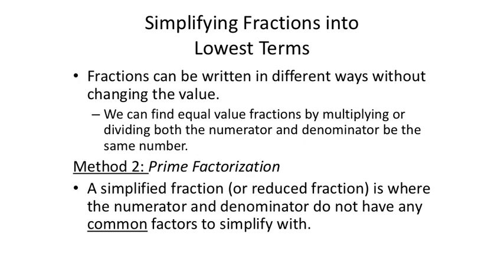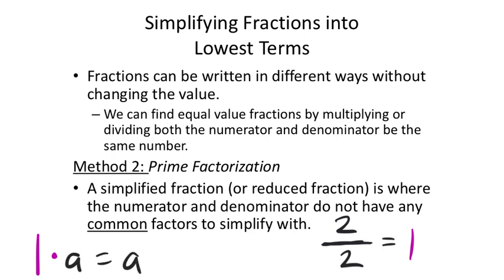For example, the fraction line does represent division, so if you saw something like 2 divided by 2, the truth is that you just have a 1. Now, 1 times anything is just the same thing, which means that we can make this what we call a phantom 1. So we can kind of erase it, and you see that they match. That multiplied by 1 is still there, you just can't see it.